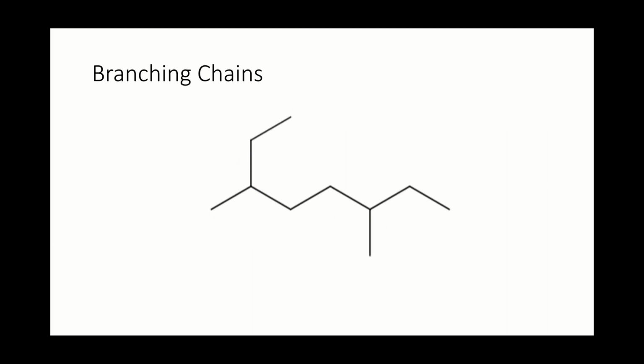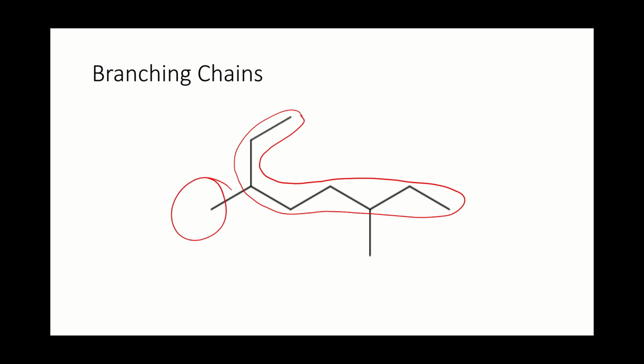Now these can get a little bit more complicated. As you can see in the case of this molecule here, we have the exact same backbone as before. We've got our octane backbone, but now instead of having simple octane and the 1 methyl group over here at carbon number 3, we now have a second methyl group here at carbon number 6. And so how are we going to name that? Well, again, it's a very simple starting point. We have the longest chain as the basis of the name, octane. And then we have methyl groups, so we're going to call it methyl octane.